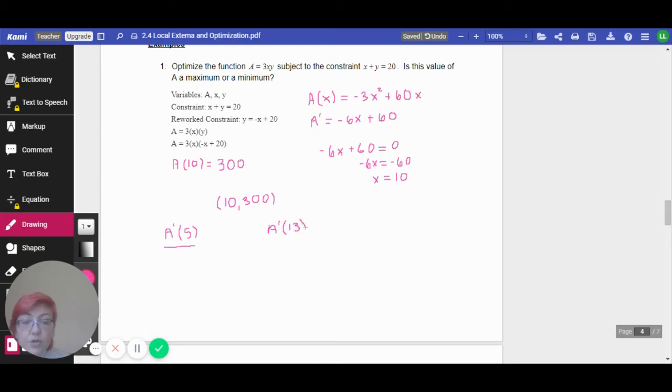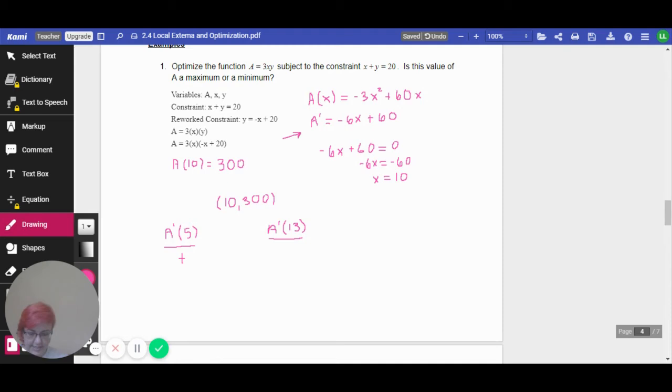So remember, because we're doing the prime, we're plugging into the gradient function here. All right, so that's negative 6 times 5 plus 60. That is positive. So there we're increasing.